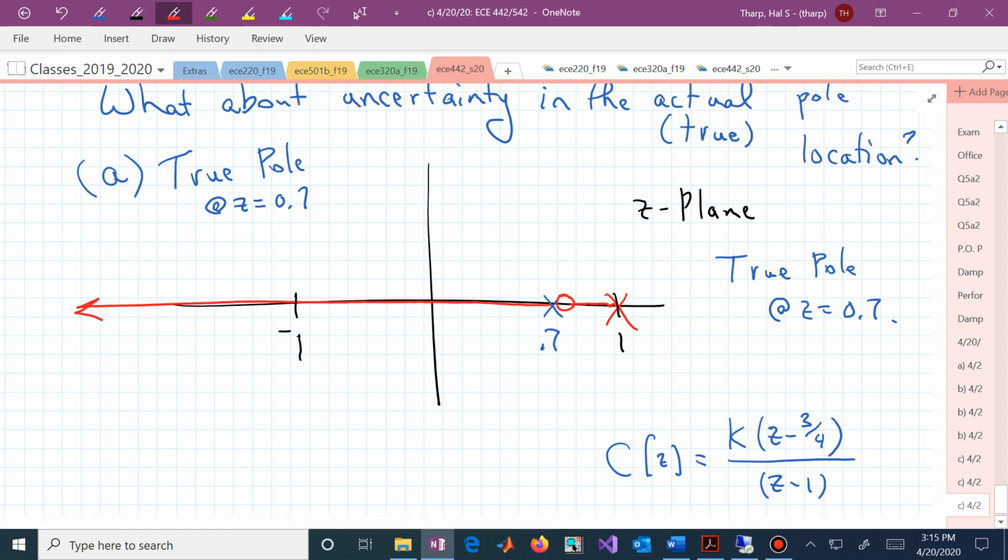And what do we know about this pole that starts at 1? Well, it's going to approach that finite 0 and be basically sort of absorbed or annihilated by that 0 if we really cranked up the gain. But we're not going to crank up the gain too much.